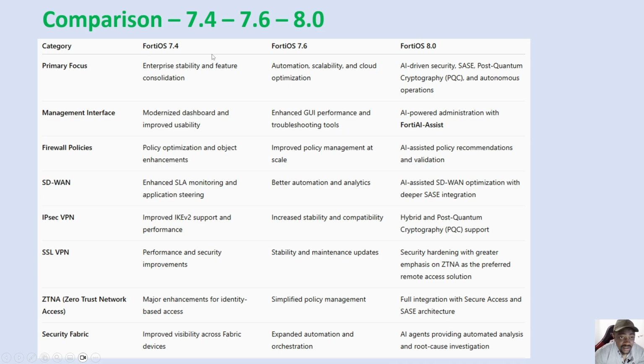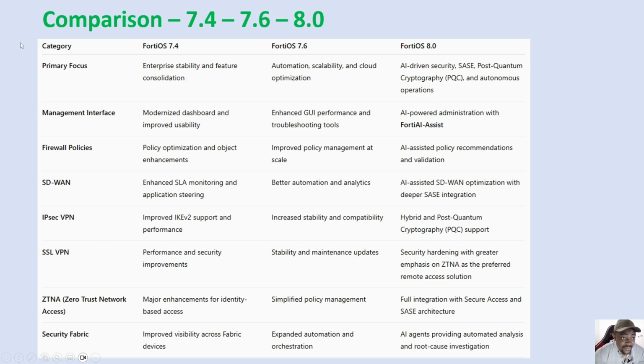I did a little comparison to show, for each category or domain, FortiOS 7.4, FortiOS 7.6, and FortiOS 8.0: the functionalities that were available for each of them, and the new features, upgrades, or updates that are available with the new FortiOS 8.0.